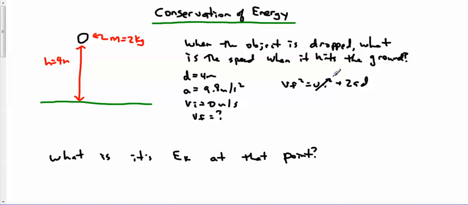This is 0, so I'm going to get Vf is the square root of 2GD, which is going to be the square root of 78.4. If you plug in, you can trust me on that, it's 8.85 meters per second.